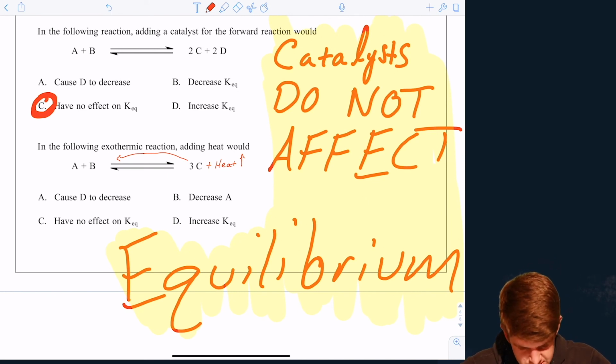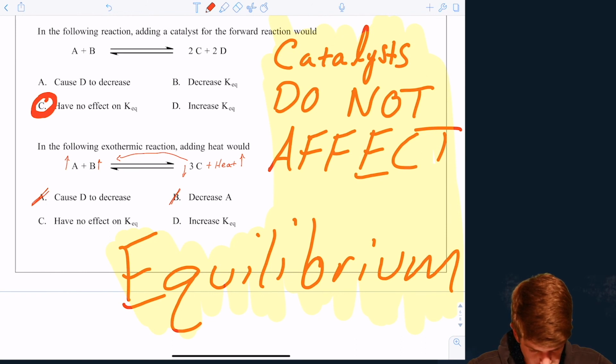So if I'm using 3C plus heat, I'm going to be dropping my amount of C, increasing A and B. There is literally no D. I'm not decreasing A. I definitely will have an impact on KEQ. Ooh, no effect or increase KEQ. Well, that's more interesting.